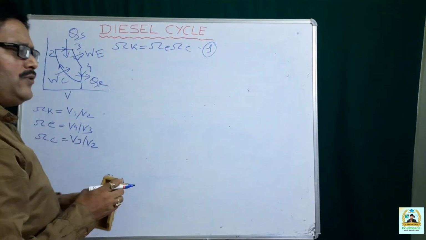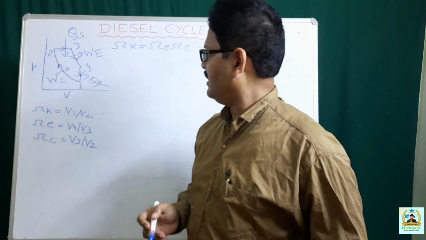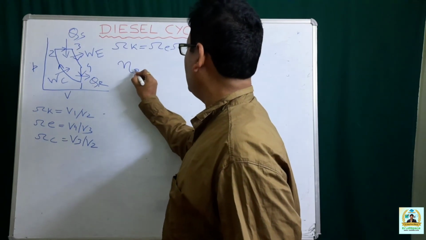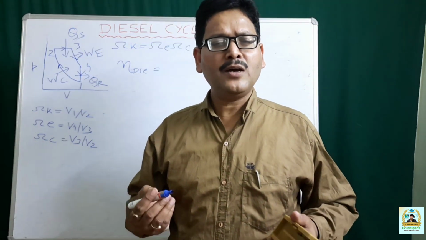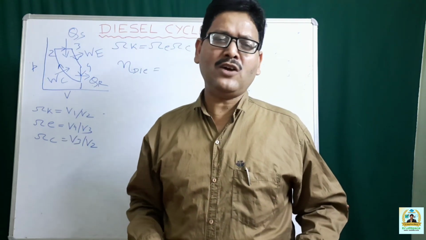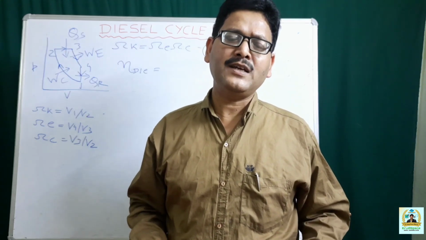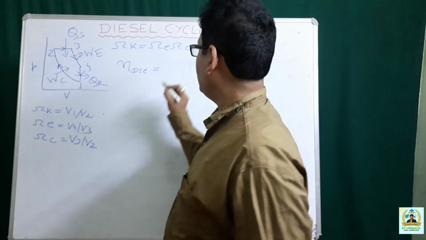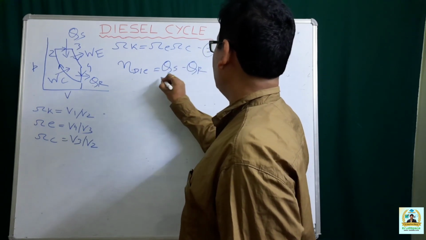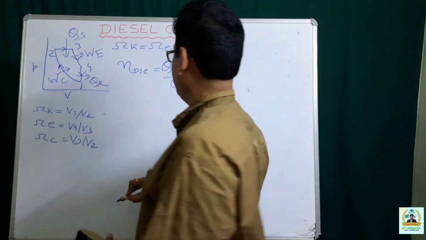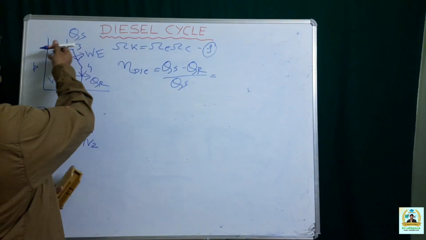Then we'll find out the efficiency in terms of temperatures at cardinal points. Efficiency of the cycle is the ratio between the net work output to the heat supplied, or the ratio between the heat supplied minus heat rejected to the heat supplied, that is QS minus QR divided by QS. Now, what is QS? Heat is supplied here.